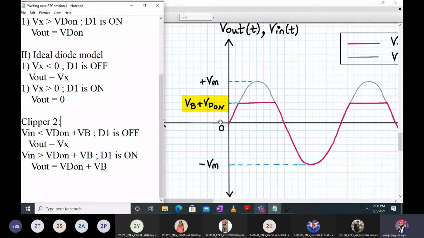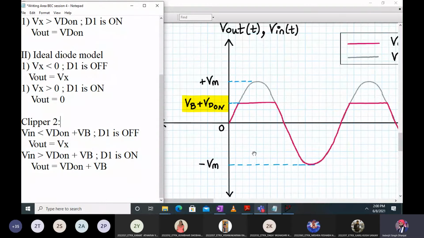So this VB plus VD on is a constant value. So until my Vin is less than VD on plus VB, my output will follow the input. The diode is off and my output will follow the input here. And if my Vin is greater than VD on plus VB, my output will be a constant, which will be equal to VB plus VD on. Everyone following? It is very simple now.